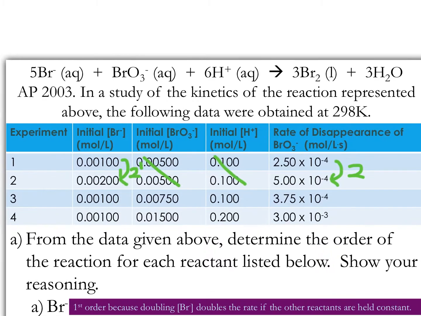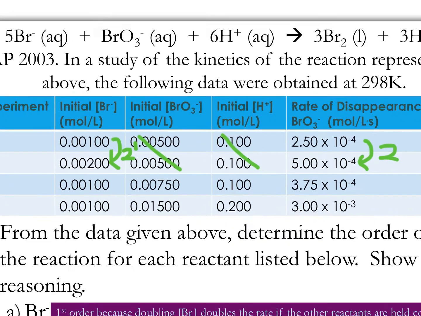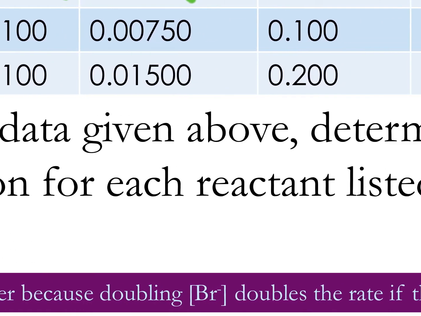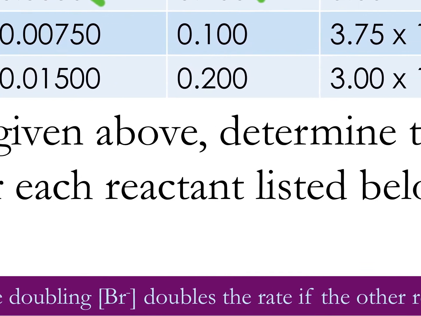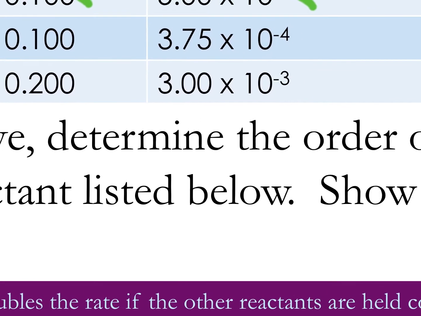Now your reasoning here would be it is first order because doubling the concentration of the bromide ions doubles the rate if the other reactants are held constant. Notice how it said to show your reasoning. So it is first order because doubling the concentration of the bromide doubles the rate if the other reactants are held constant.